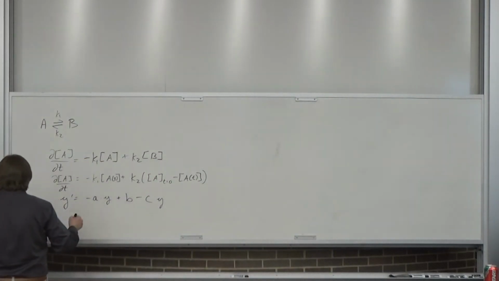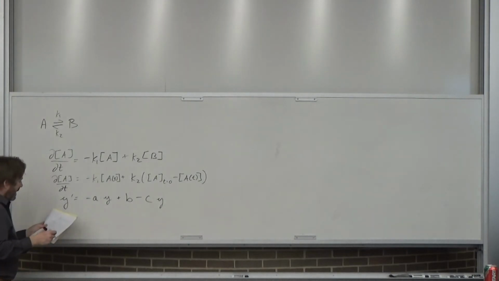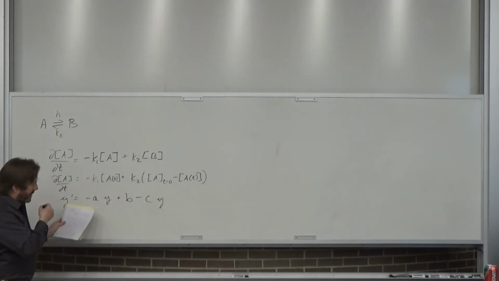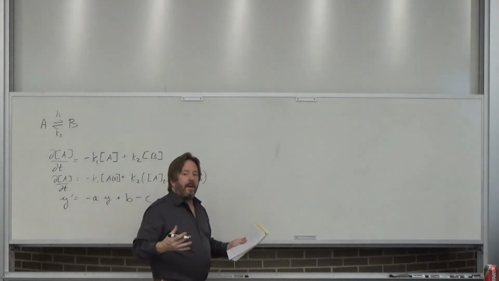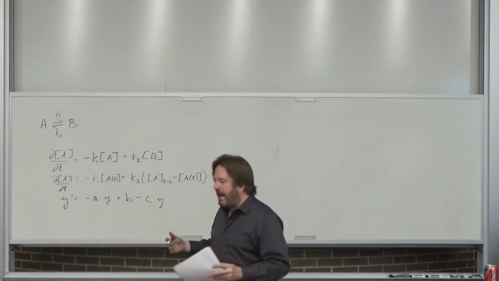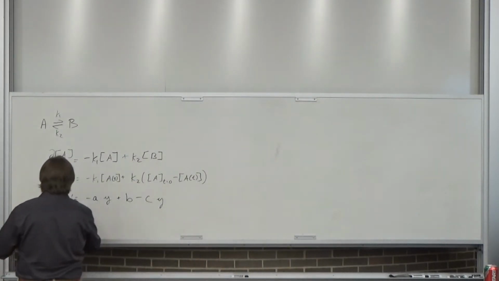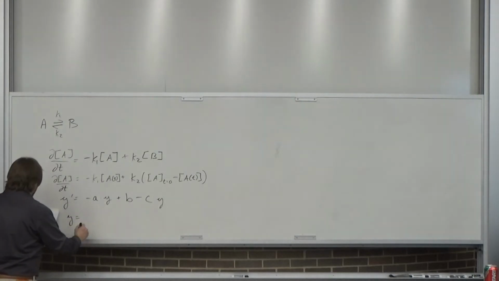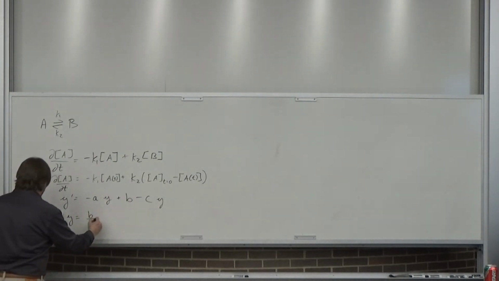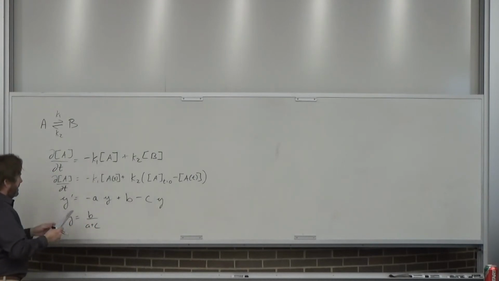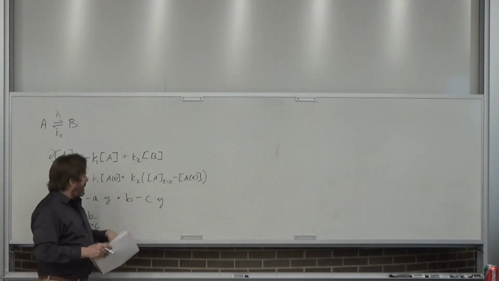Okay, now, then I hit go on the website and said, hey, what is y, which is of course A of time. A is a function of time. And the website spits out this, b over a plus c. Of course, b is k2 times A at time equals 0.